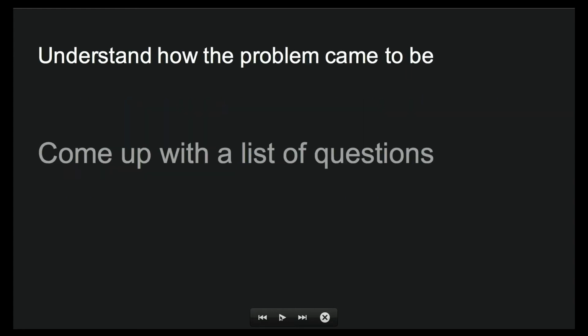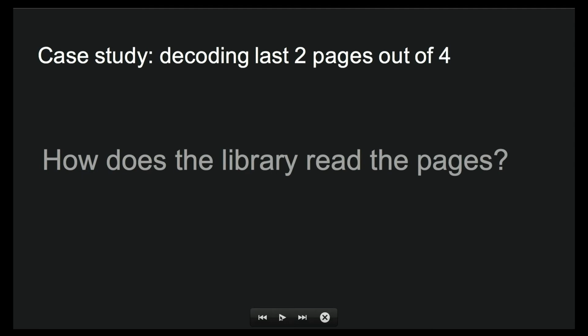My third advice is to understand how the problem came to be. So come up with a list of questions. My case study for the first bug is that it was only decoding the last 2 pages out of 4. So the question to keep in mind is, how does the library actually read the pages?